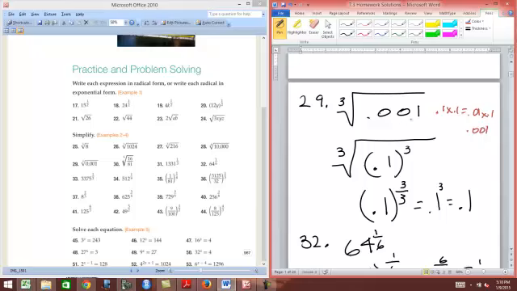So 0.001 is 0.1 cubed. And we're taking the cube root of 0.1 cubed, so that's 0.1. This goes to the numerator, and this goes to the denominator. And we've got 0.1 to the 3 over 3, which is 0.1 to the 1, which is 0.1.